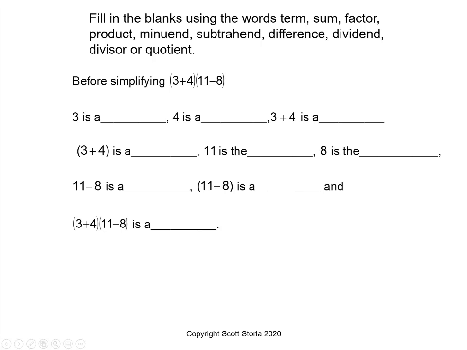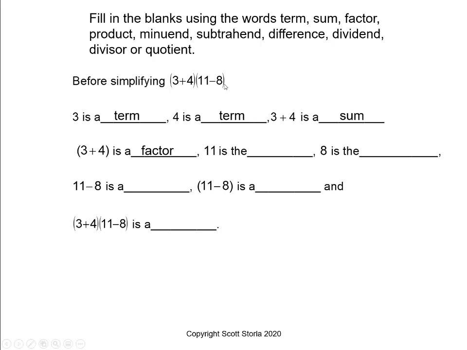Here's another one. Here we have 1, 2, 3 operators. There's going to be a multiplication here we don't see. Starting in our first grouping symbol, the 3 is a term, the 4 is a term, and together they make a sum. If we put parentheses around that sum, though, we have a factor.